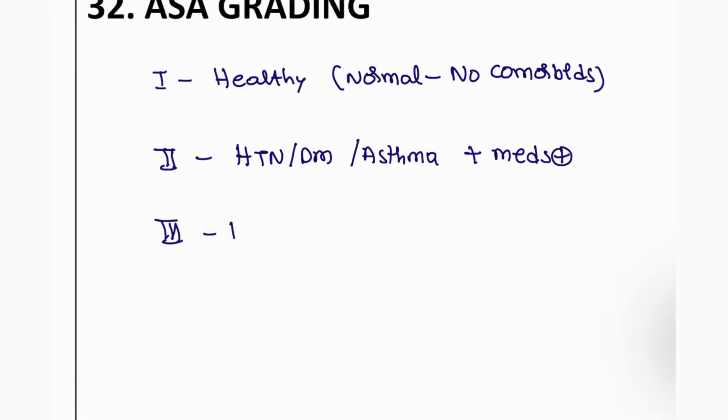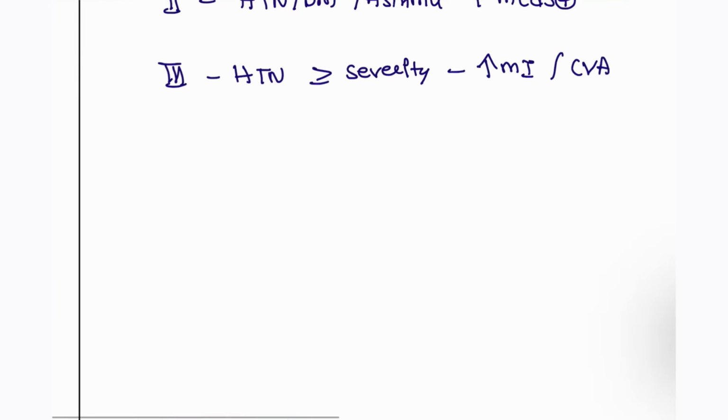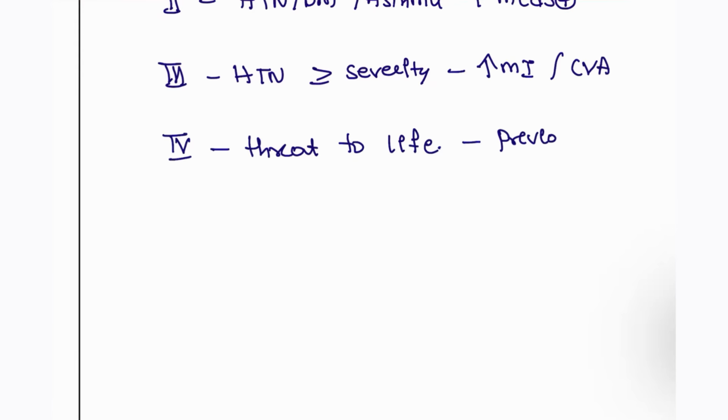Grade 3, the patient has hypertension. This is severe, so there is a risk for myocardial infarction or cerebrovascular accident. Next, fourth class, this patient is a threat to life. For example, the patient already has a history of MI, cerebrovascular accident, or some other thrombosis condition.